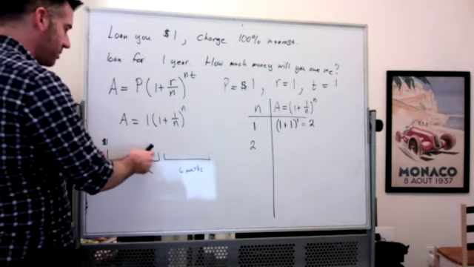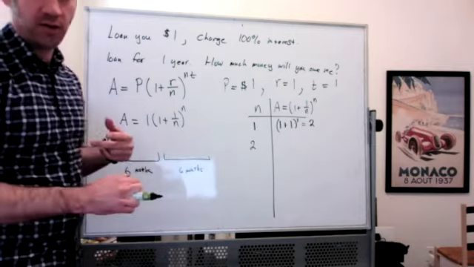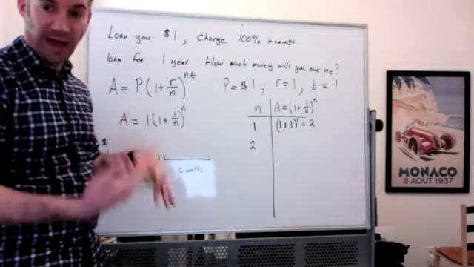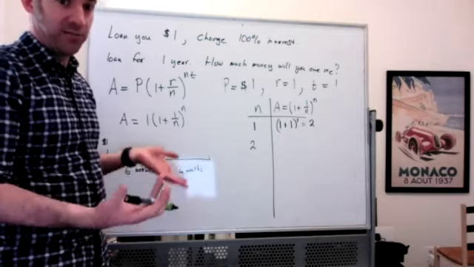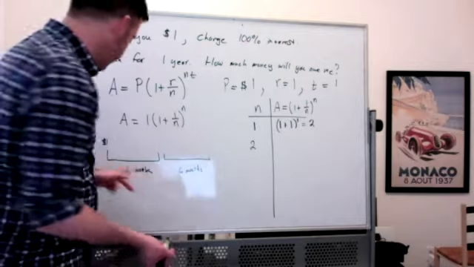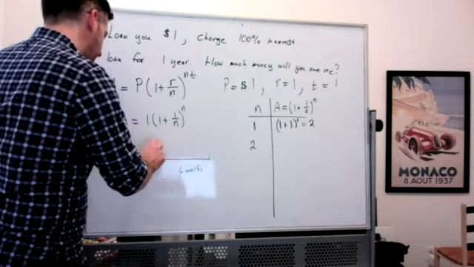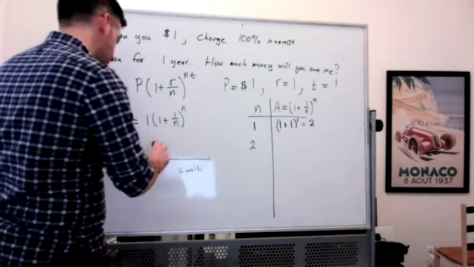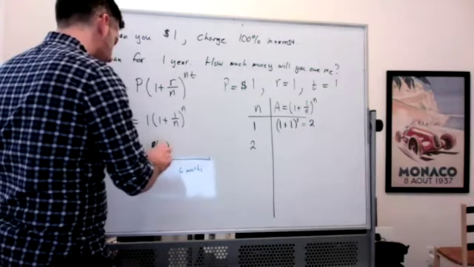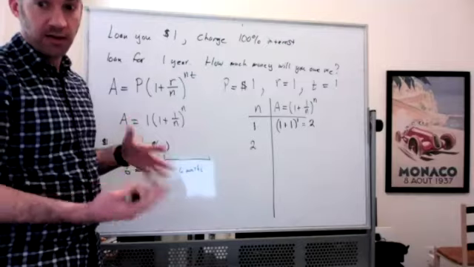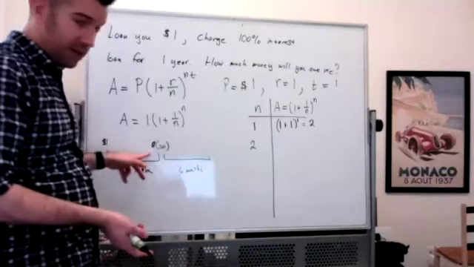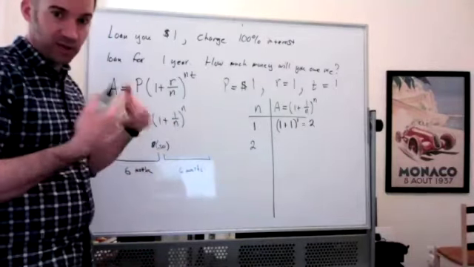After 6 months, it's been half the time, so you're going to earn half the interest. Half of 100% is 50%. 50% of $1 is 50 cents. So you're going to owe me an additional half a dollar. But now the amount of money owed is $1.50, and that $1.50 is what's accrued.